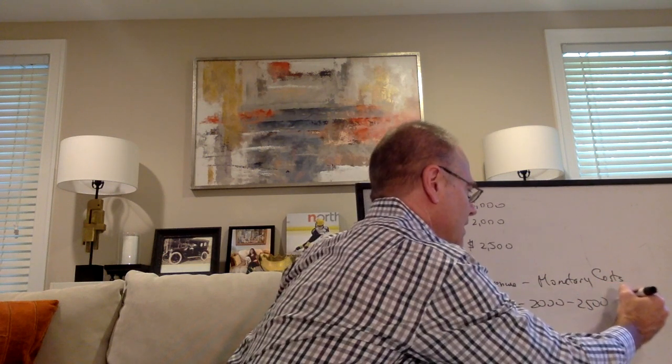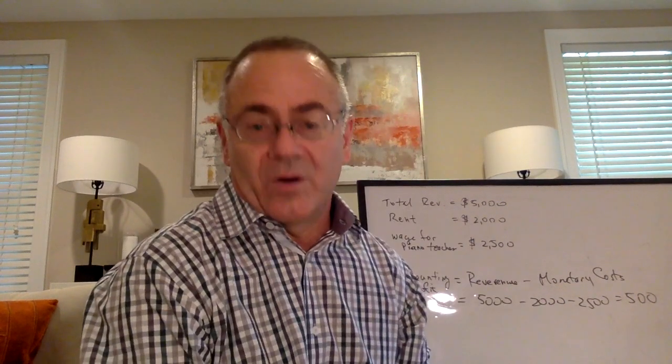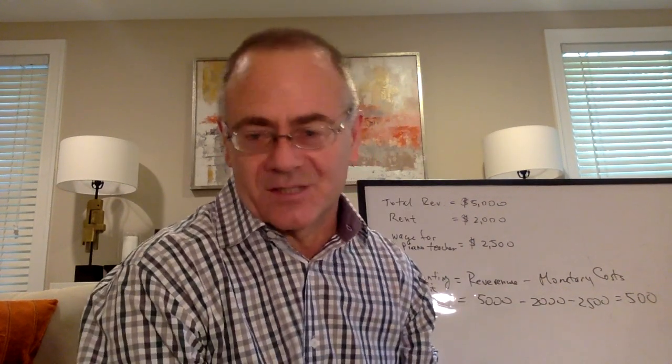And that equals 500. So $500 per month would be your accounting profit. And it turns out when you pay taxes, this is what you would have to report to the IRS. And you would pay taxes on that $500.